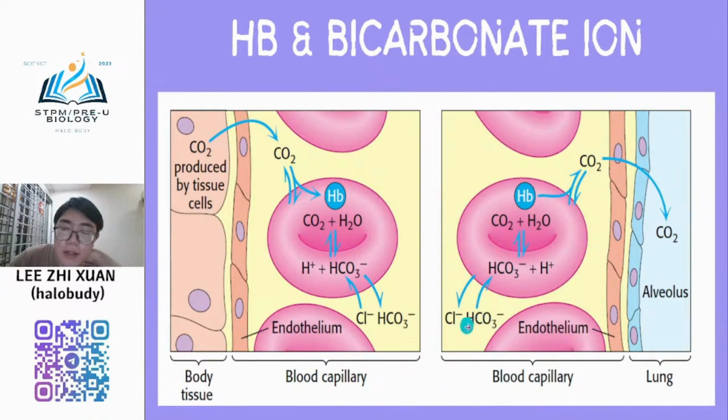The bicarbonate ion inside the blood plasma diffuses back into the erythrocyte again, and the chloride ion diffuses out into the blood plasma. Then the bicarbonate ion reacts with hydrogen ion to form carbonic acid again, and then carbon dioxide and water. The carbon dioxide diffuses out from the erythrocyte into the blood plasma, and back to the alveolus for gaseous exchange. Then this carbon dioxide is released to the atmosphere through our nose. That's the overall process.